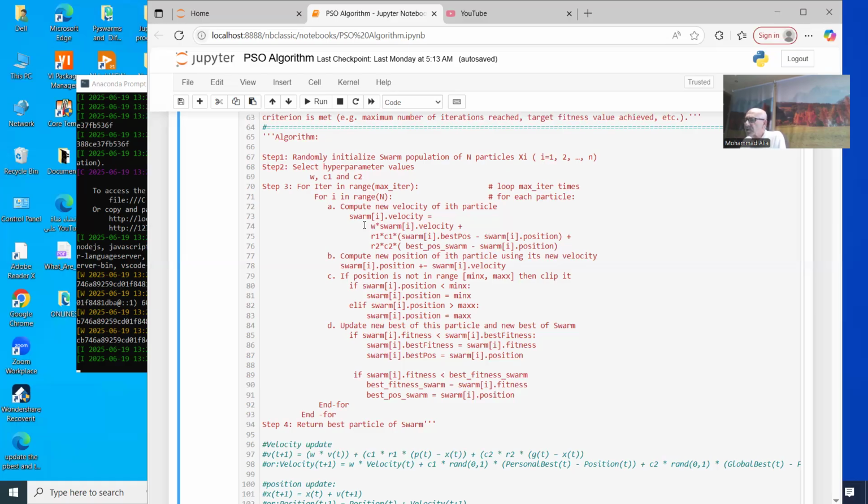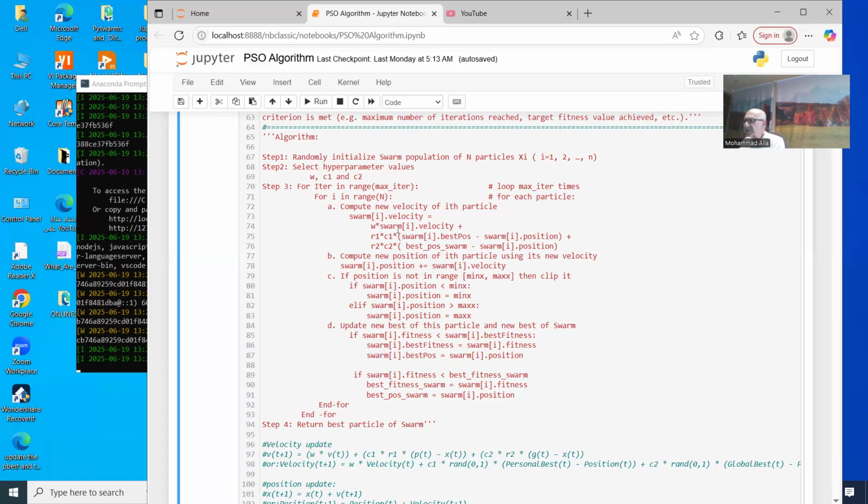The swarm of I dot velocity here means the particle with an index I within the swarm, and we are considering its velocity. So the velocity of the particle I within the swarm is equal to three components.